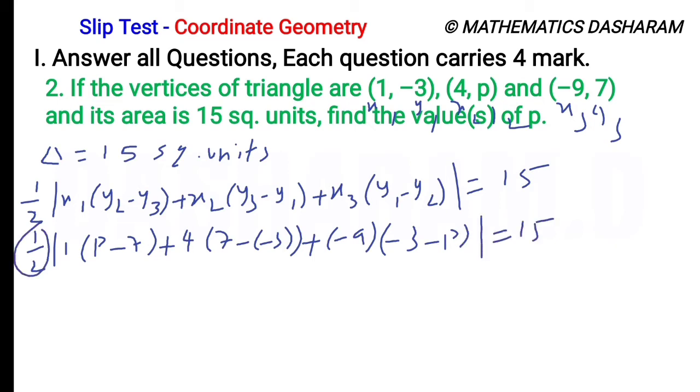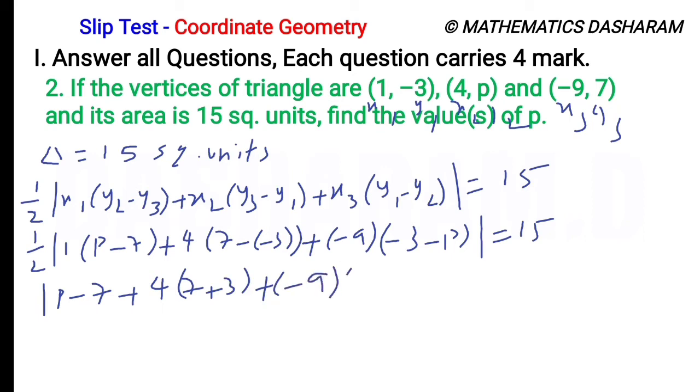Now this 1/2 transposes to the RHS. So mod of 1 into (p - 7) is p - 7 itself, plus 4 into (7 + 3), plus -9 into (-3 - p), equals 15 into 2.